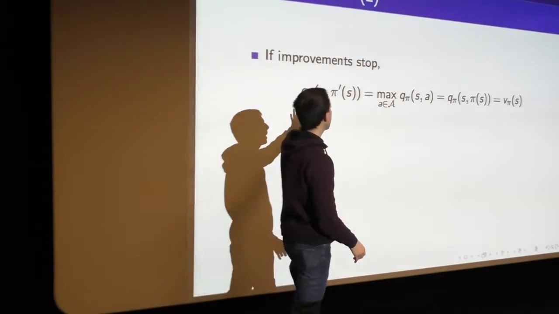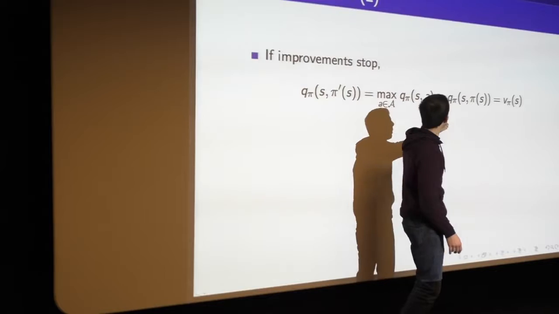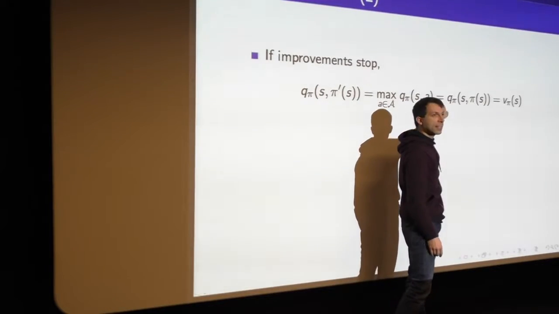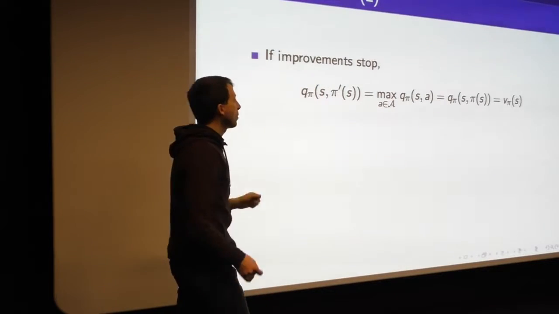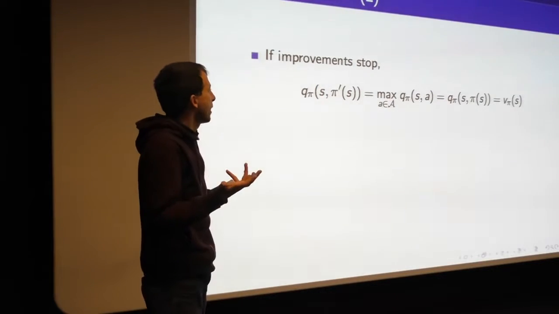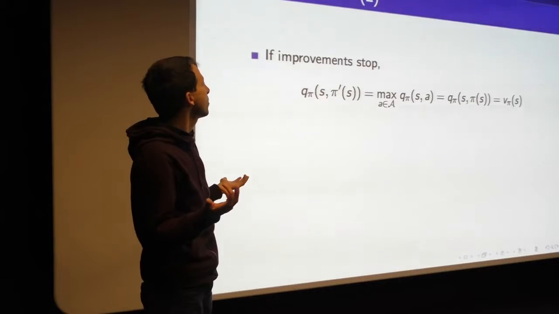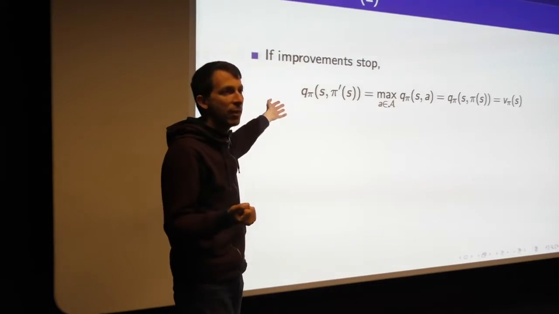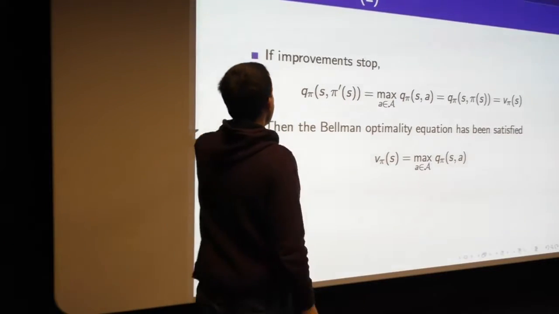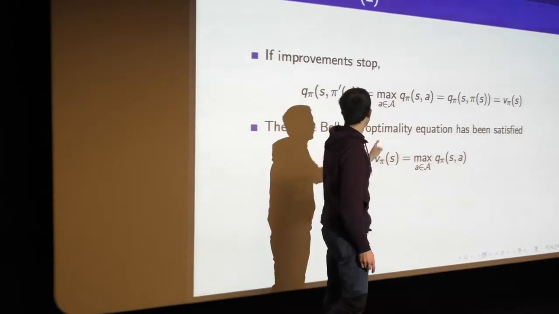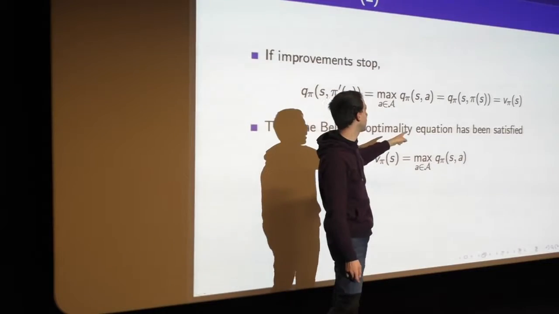So we're just going to plug in. It's the same equation we had before, but now we're going to plug in equality instead of this less than or equals. And we want to know, what do we know about this? The good news is that if improvement stopped, then we've just written out the Bellman equation. In other words, if this is satisfied, then we have satisfied the Bellman optimality equation.